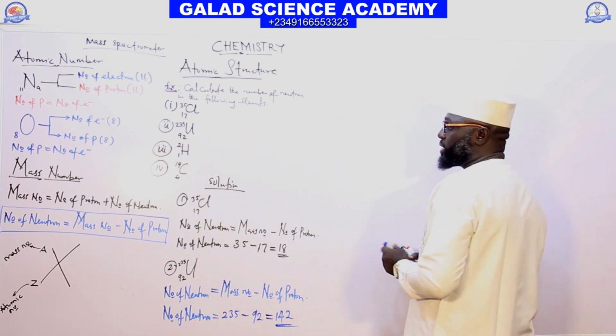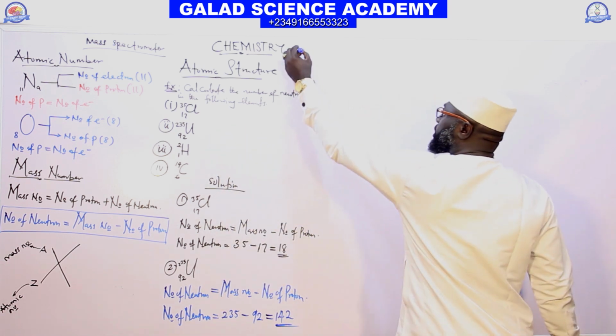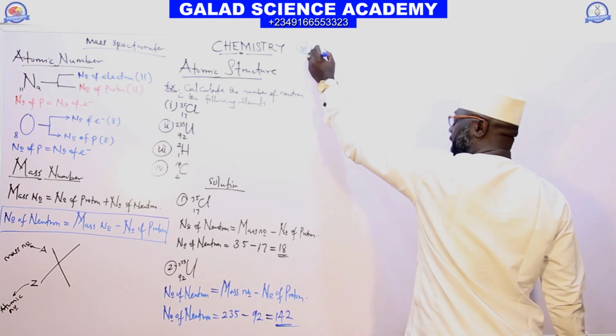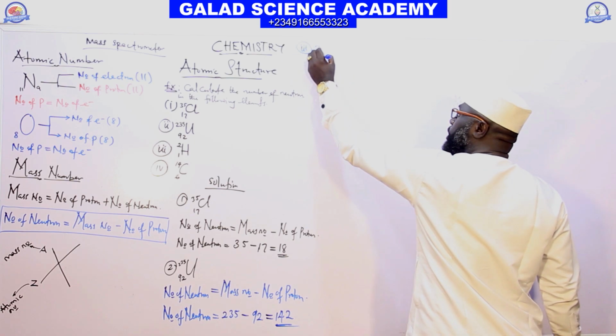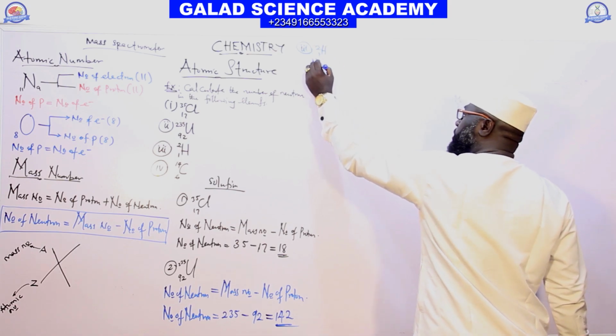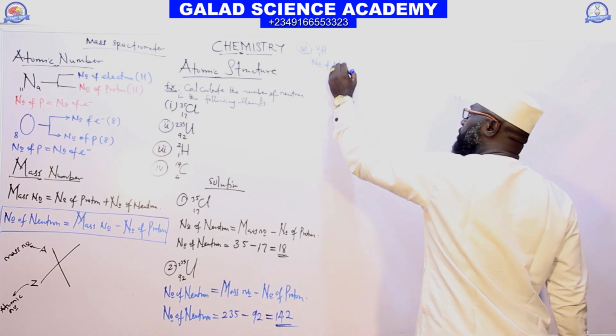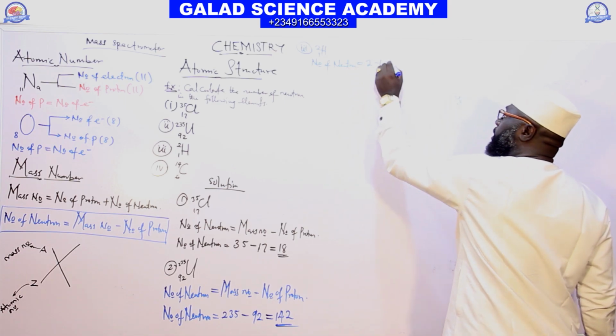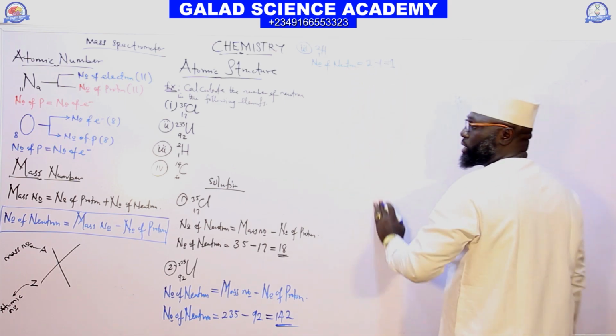Likewise, in the third question, Roman figure 3, we have hydrogen 2, 1. So the number of neutrons is equal to 2 minus 1. We have 1.